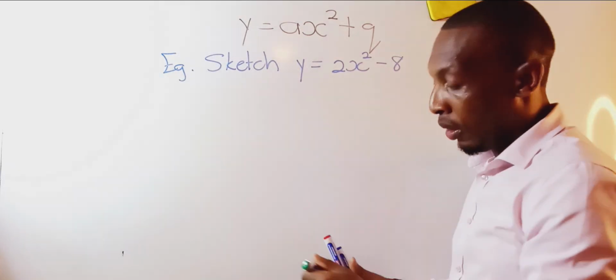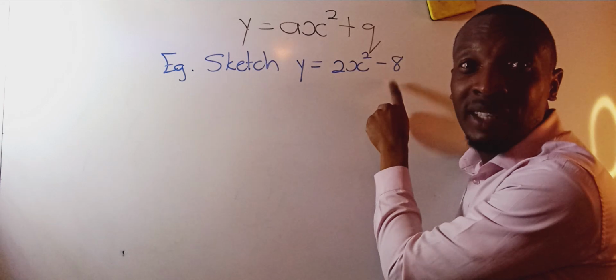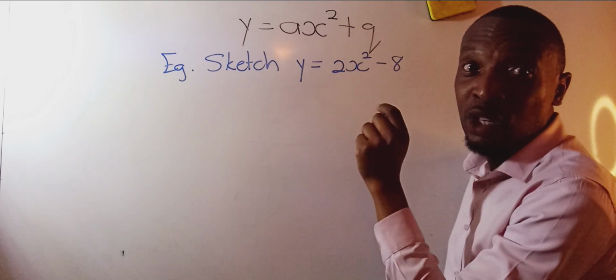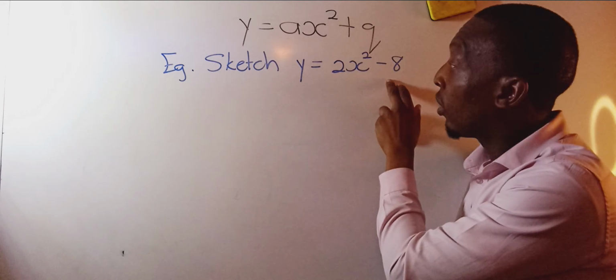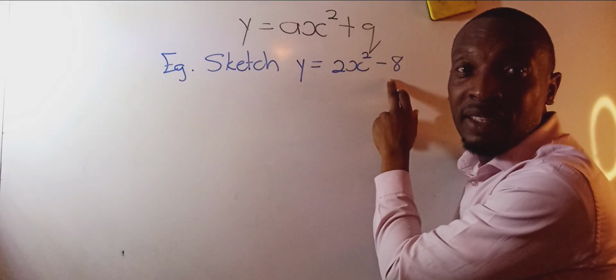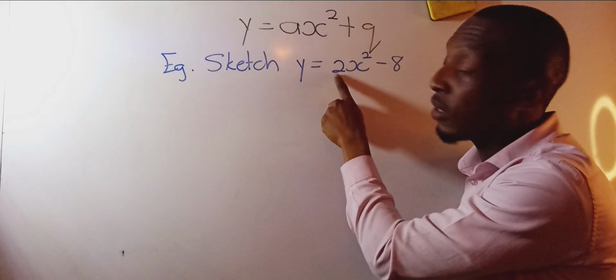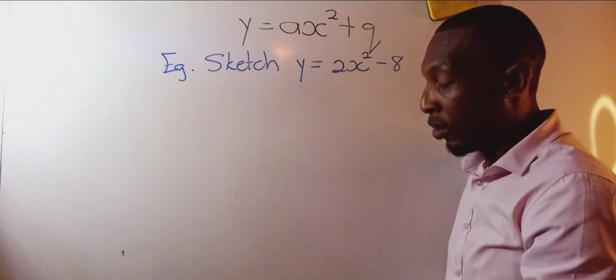Right, so remember I said this here is my y-intercept. So already I know that this graph will cut the y-axis at -8. And I can tell that this is going to be a happy graph because this is a +2, all right?